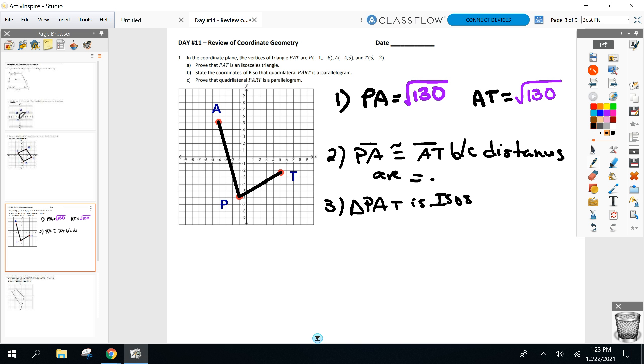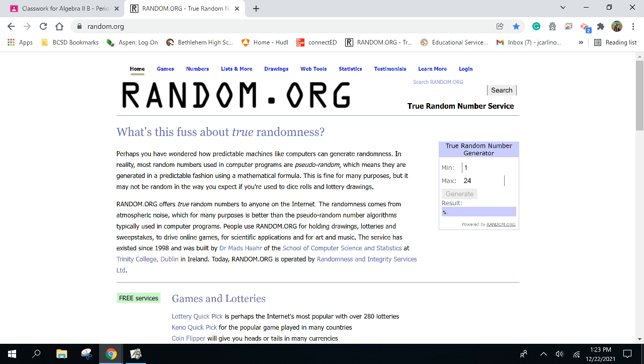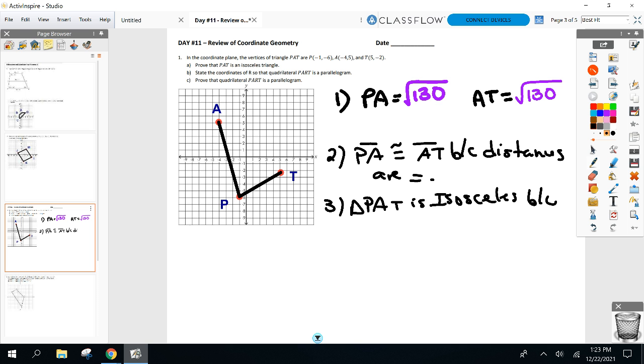Another great spelling word there, huh? Somebody want to tell me why we know it's isosceles? Why is this bad boy isosceles? Because two sides congruent. Done.